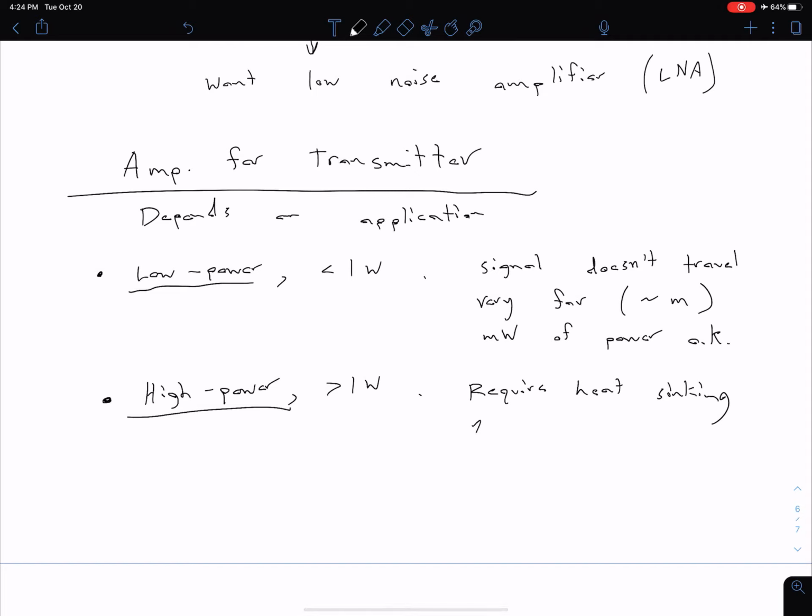And also our efficiency is going to be an important thing to consider, because as we are getting to higher powers, lower efficiency of course means we're losing more power. Because if we have, for instance, maybe a 10 milliwatt system with 90% efficiency, we're losing 1 milliwatt. That's not as bad as if we're losing one watt from a 10 watt system.